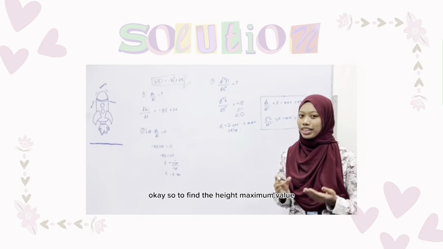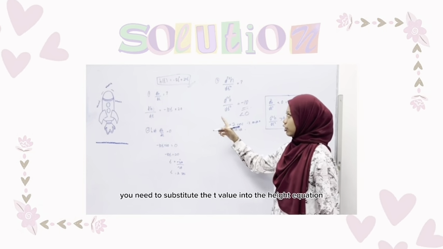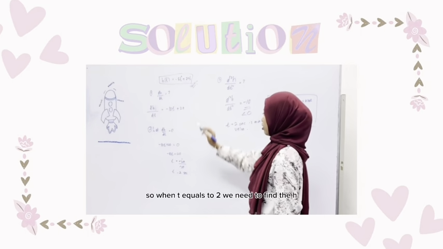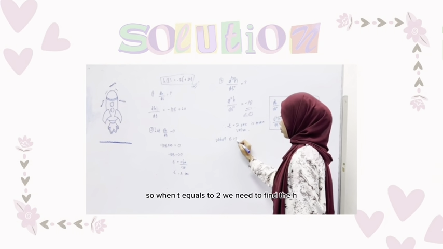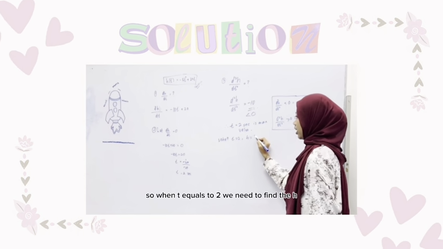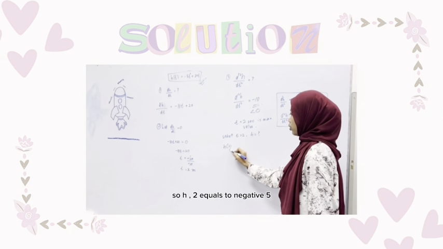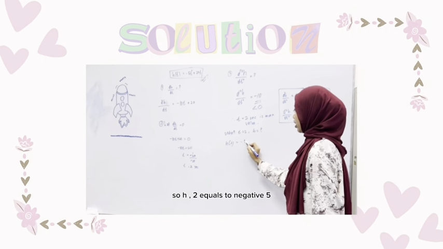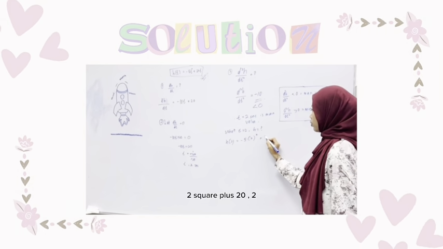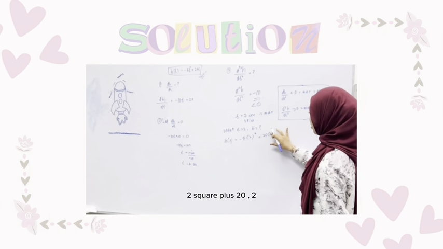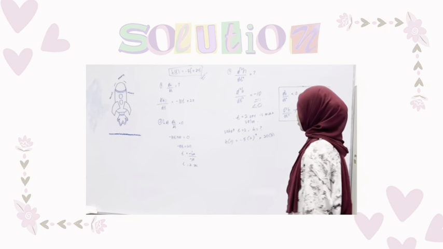Okay, so to find the maximum height, we need to substitute the t value into the height equation. So when t equals 2, we need to find h. h(2) equals negative 5 times 2 squared plus 20 times 2.